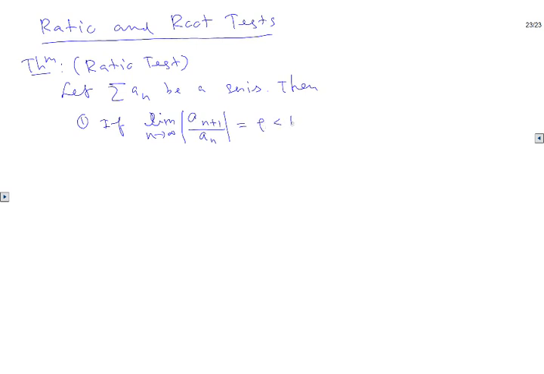If this rho is less than 1, that means the second term is smaller than the first one, so it's going to grow slowly. So in this case, the series a_n converges absolutely. This implies that the series converges.